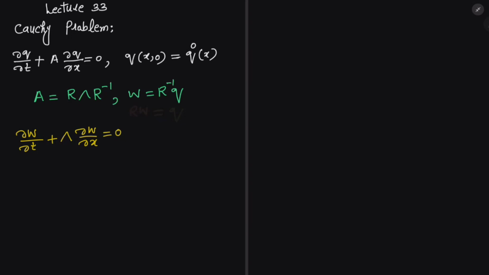So what we get from here, if we multiply this with R inverse, to convert our Q problem, that problem which contains Q, into W, we should have W0 that will be equal to R inverse Q0.